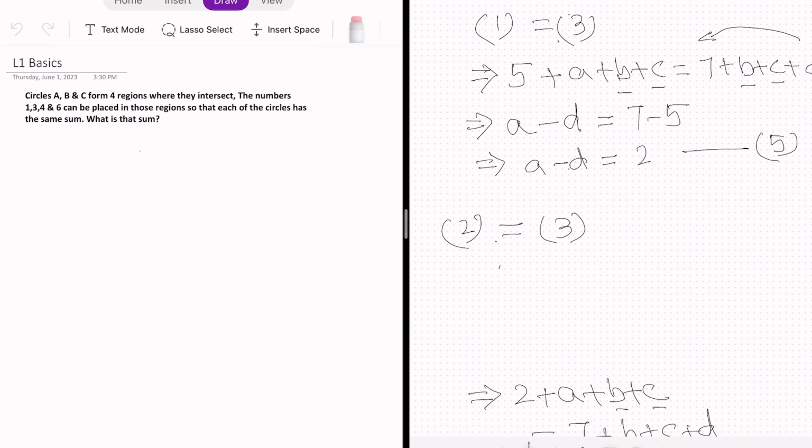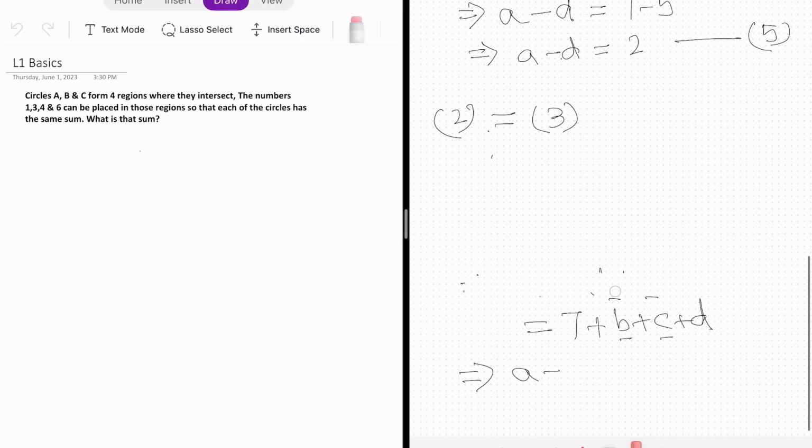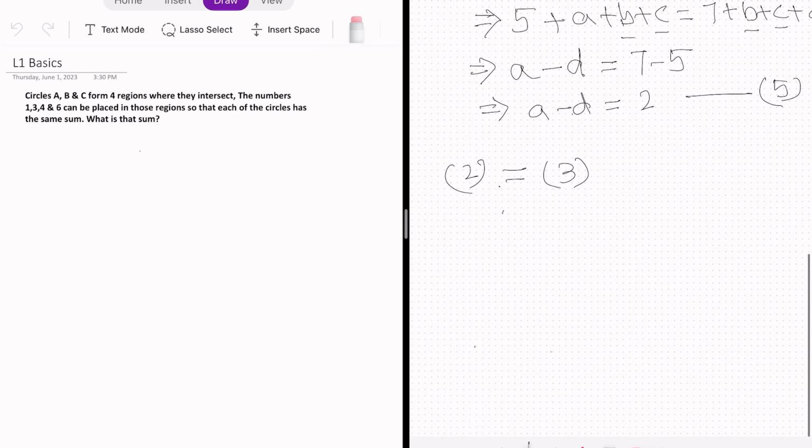And that's because the sum of circle B is the same as the sum of circle C. Okay, so if I write this equation, I can replace the sum of circle B as 2 plus A plus B plus D, and I can write circle C as 7 plus B plus C plus D.